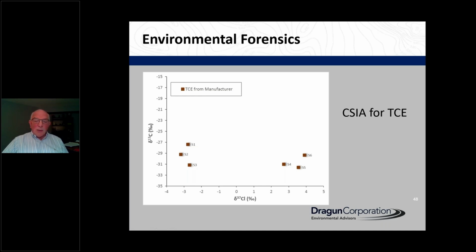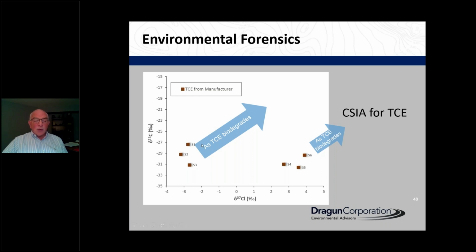And then the other way we can use this is we know that as TCE biodegrades, as it moves from the source and goes along the groundwater flow direction, the lighter isotopes, both of chlorine and carbon, go to the daughter products like DCE, and the heavier isotopes stay in TCE.